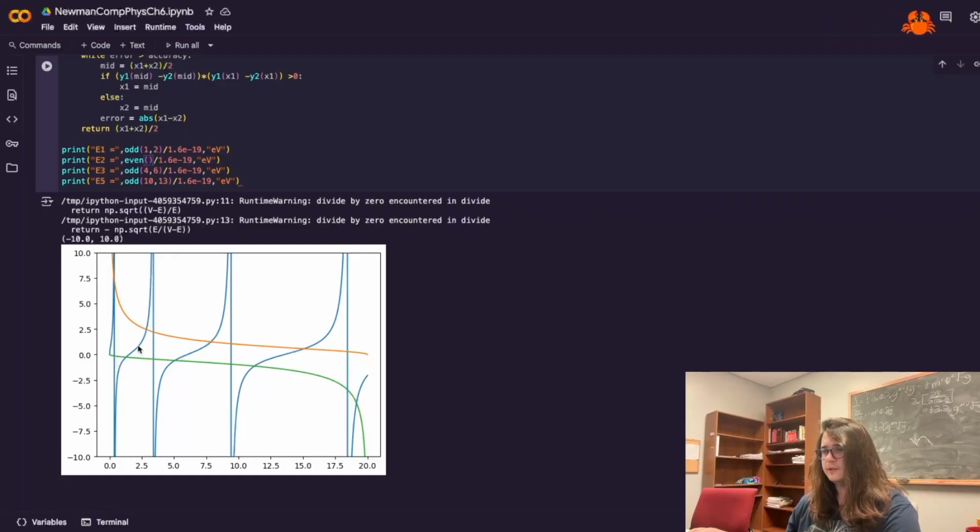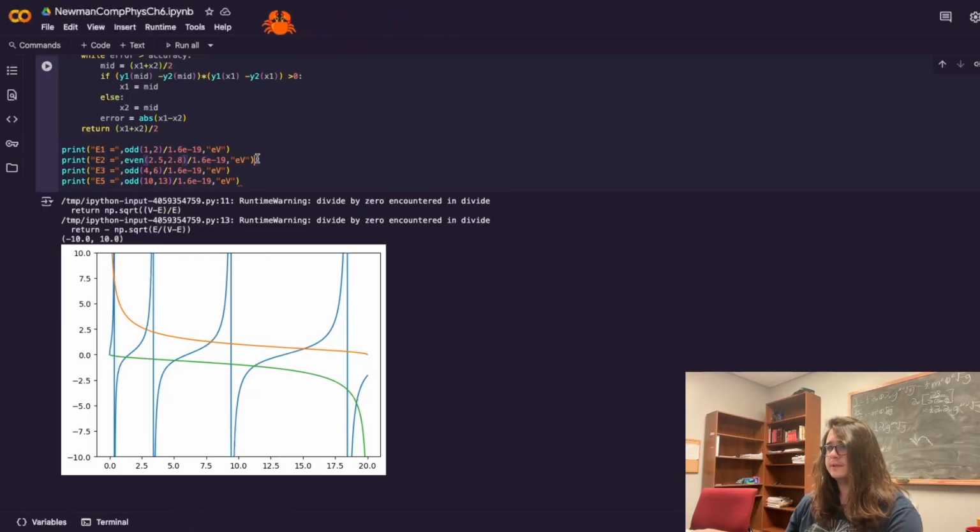Somewhere between 2.5 and 3, sure. Somewhere between 2.5 and, I don't want to get too far away because there's this discontinuity here. Maybe I'll just make it between 2.5 and 2.8.